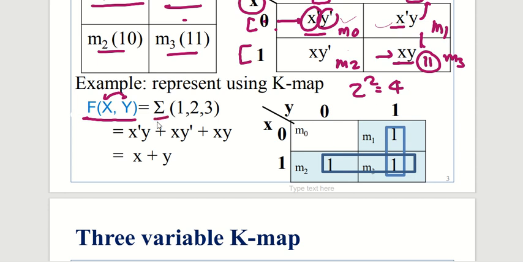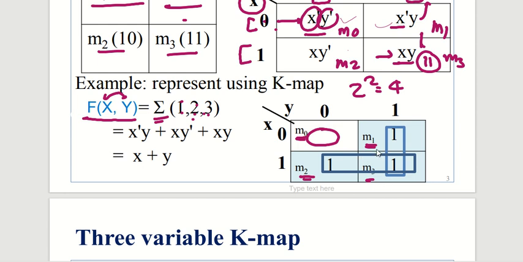The minterm is given as, this summation sign shows you the minterm values. It is represented as 1, 2, 3, meaning for these given minterm values, the output will be high. Since we do not have any value corresponding to m0, this 1 is represented here as m1, 2 is here as m2, and this is 3.